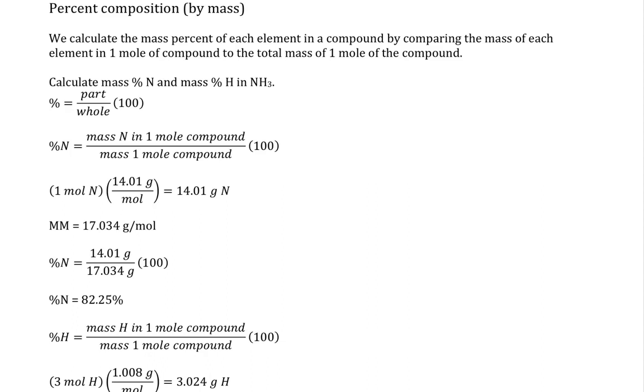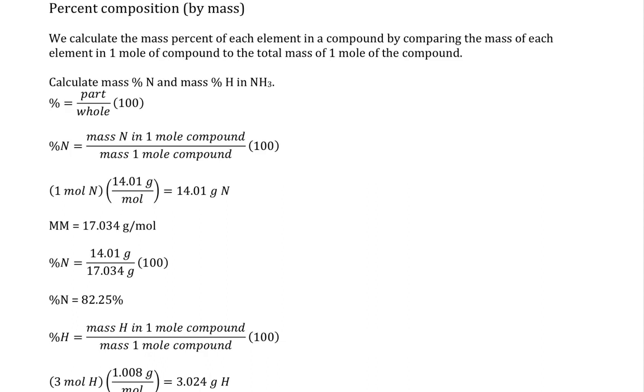Okay, so the percent nitrogen is the mass of nitrogen in a mole of compound divided by the mass of 1 mole of compound times 100. In NH3 we have 1 mole of N, so we take 1 mole N times 14.01 grams per mole, and we have 14.01 grams of N as our part.